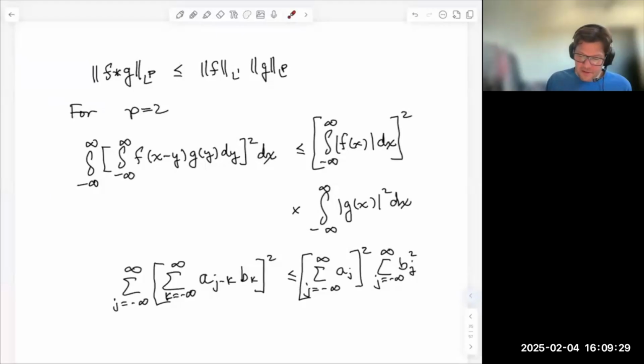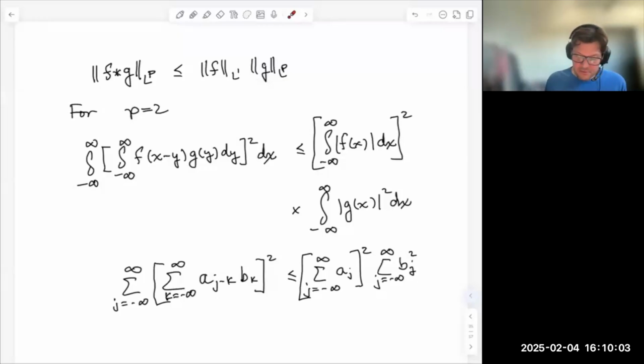As long as g is an L^p function on the whole real line, and as long as f is an L1 function, meaning it's absolutely integrable on the whole real line, then the convolution is in L^p, and the L^p norm of the convolution is less than the L1 norm of f times the L^p norm of g. In particular, we're going to use this result for p equals 2, and I'm going to square both sides.